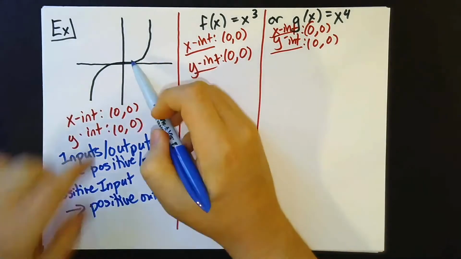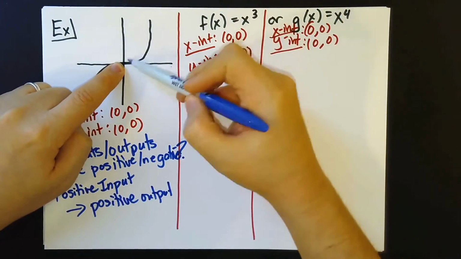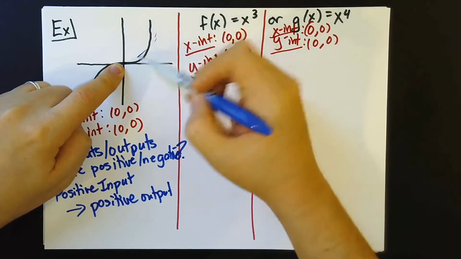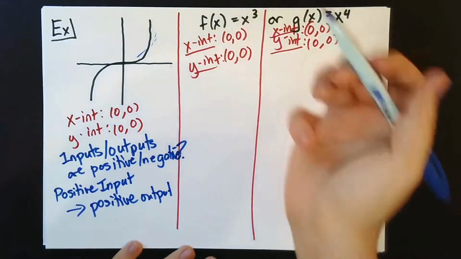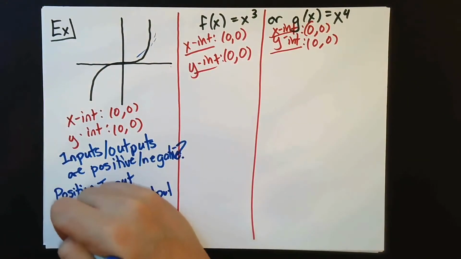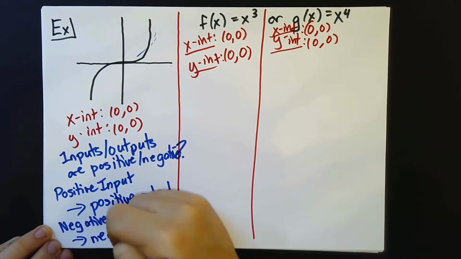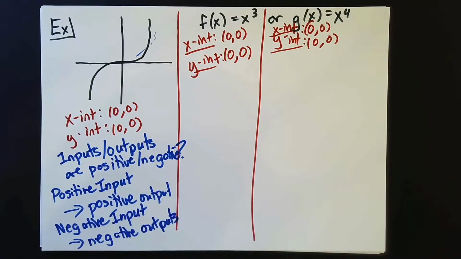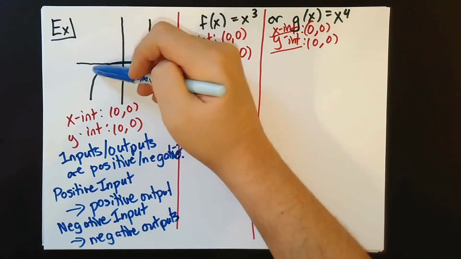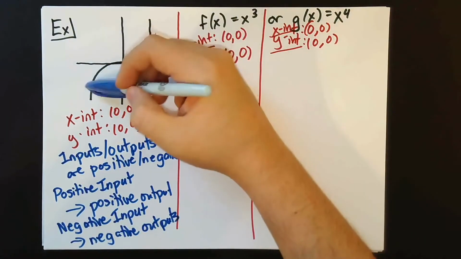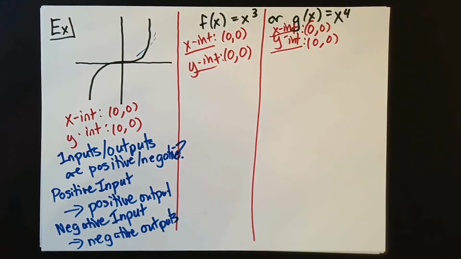Okay, and that's because the positive inputs are over here, and all of these inputs give me an output up here, which is on the positive y-axis. Similarly, negative inputs, those give me negative outputs. And again, I can see that here are the negative inputs, and they're giving me negative outputs because this graph is landing on the negative y-axis.